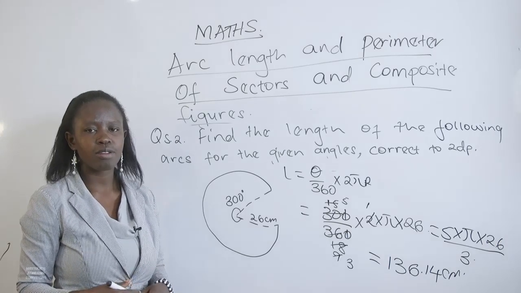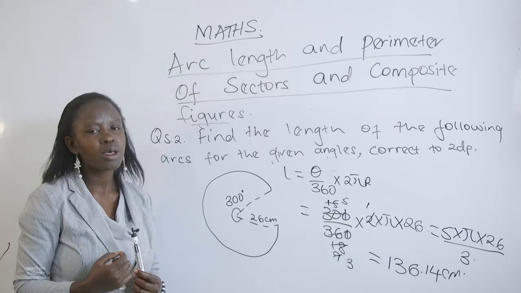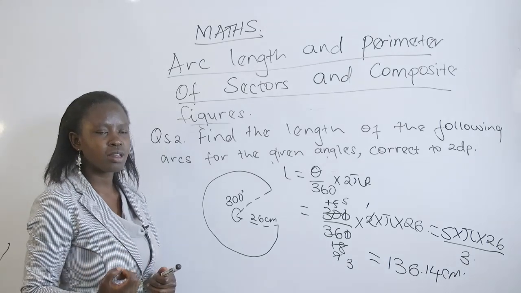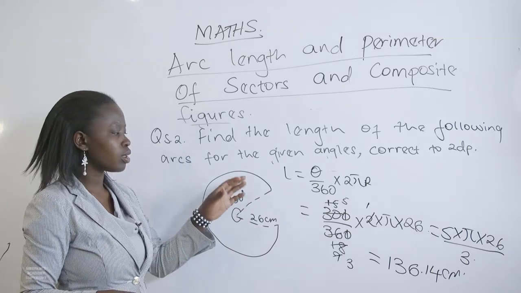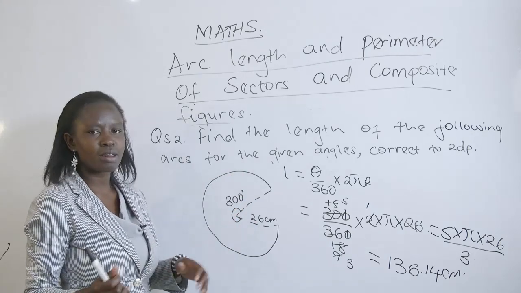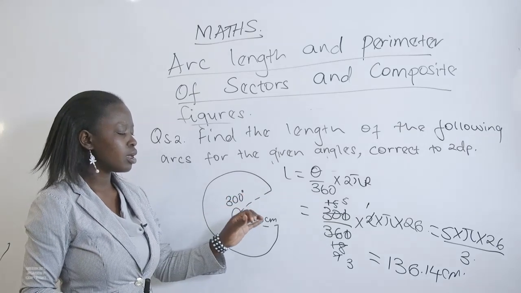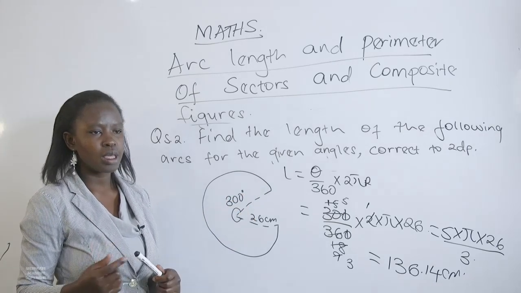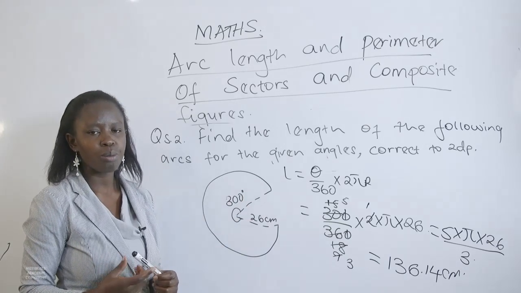But let us look at a situation whereby we are required to get the perimeter of the sector that will be formed by the portion that is surrounded by the arc together with the two radii. So if we are required to get the perimeter, how do we go about it?